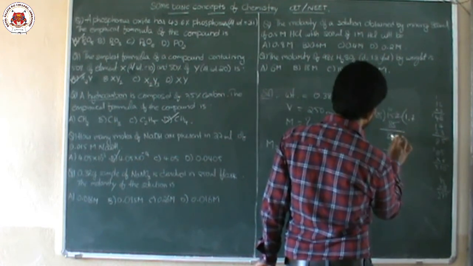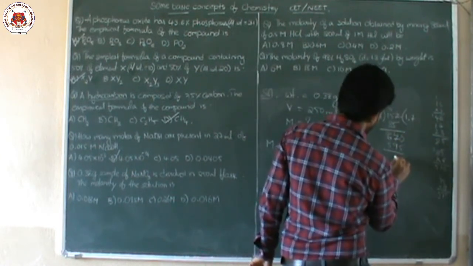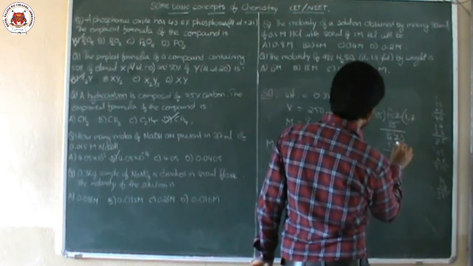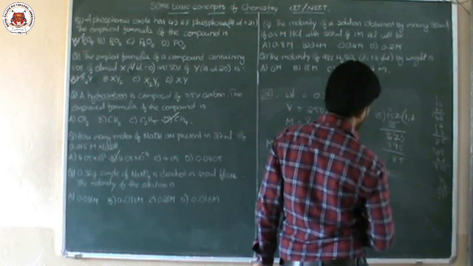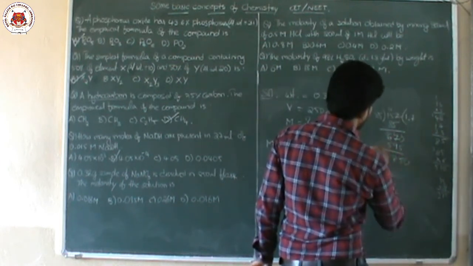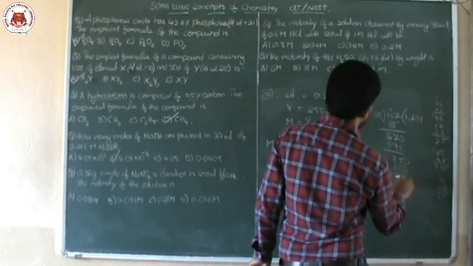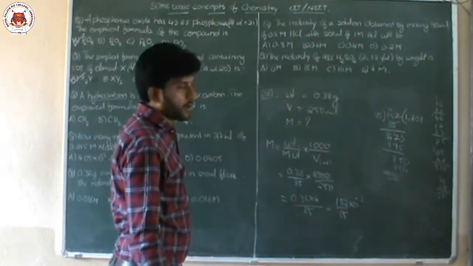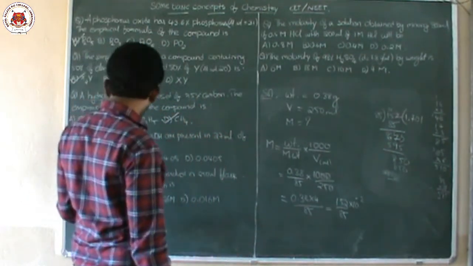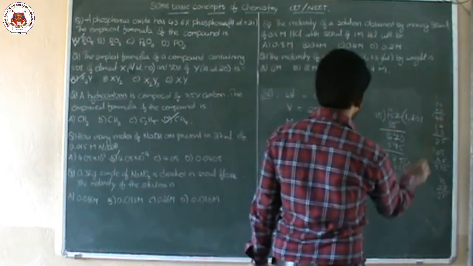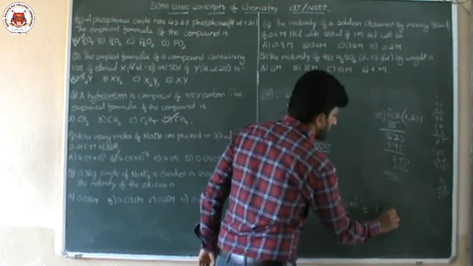If I take 850 for 10 times, it will come around 1.701 and so on. Approximately, this perfect calculation, if you do, will come around 1.77.